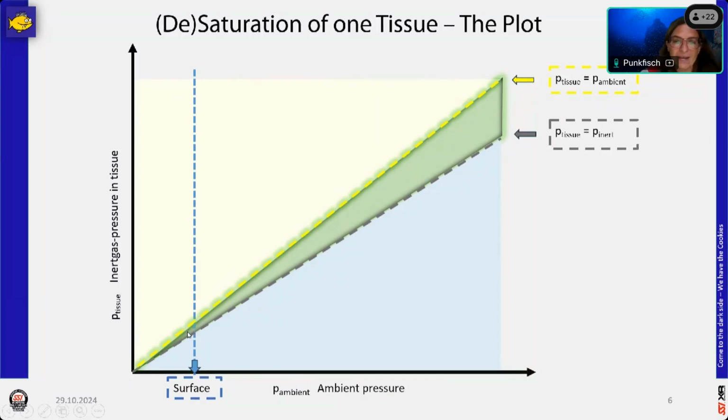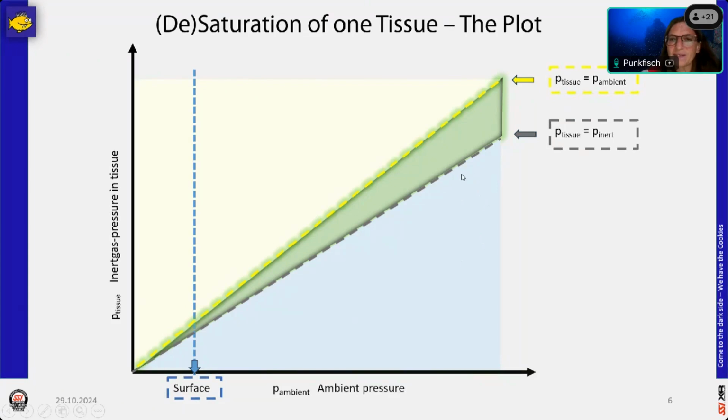This is why the math behind it starts at 0, and it makes sense to show it starting at 0. And on the other axis, we have the inert gas pressure in the tissue at a certain moment.